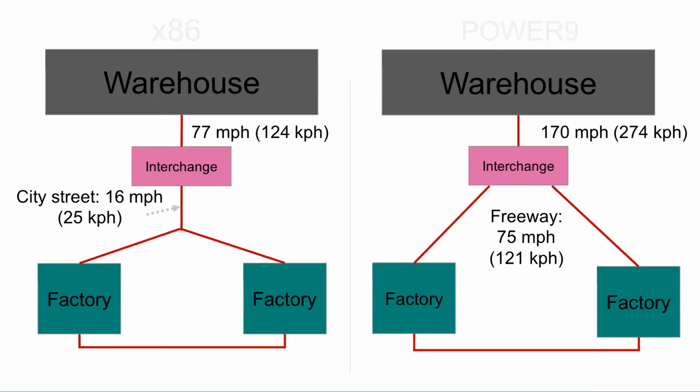If you compare the speed limit from x86 to Power 9, on x86 you go from the warehouse to the factory on a road limited to 77 miles per hour, then a kind of city street limited to 16 miles per hour. On the Power 9 machine, it's more like a highway to a freeway comparison in terms of speed limit. I like this picture because it's very attractive.